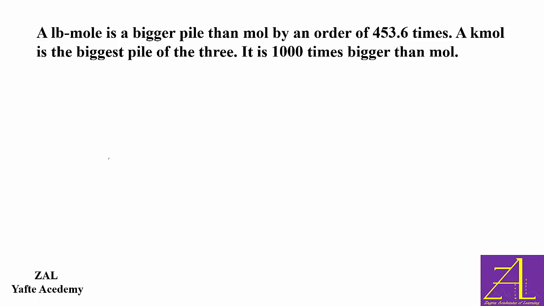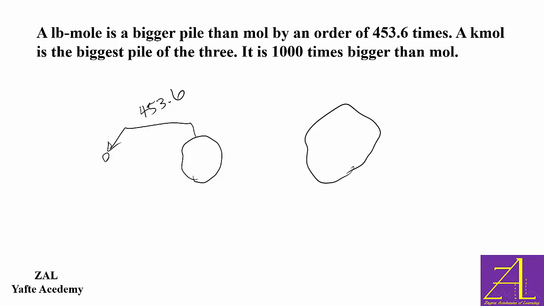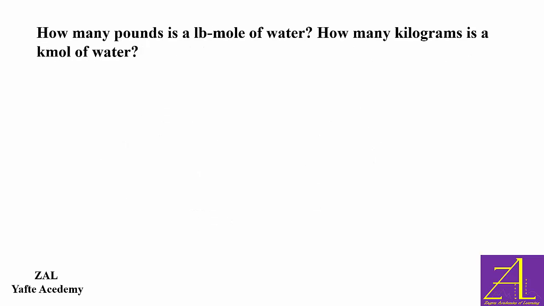A pound mole is a bigger pile. So if this is 1 mole, a pound mole is a bigger pile, and this pile is 453.6 times this pile. And a kilomole is even bigger pile, 1000 times mole. How many pounds of water is in a pound mole?